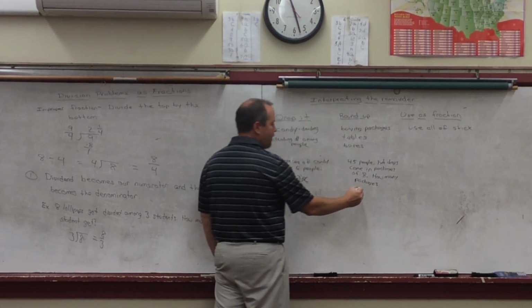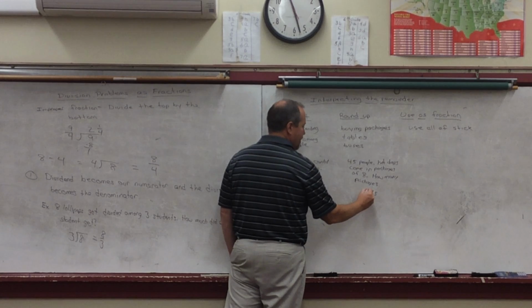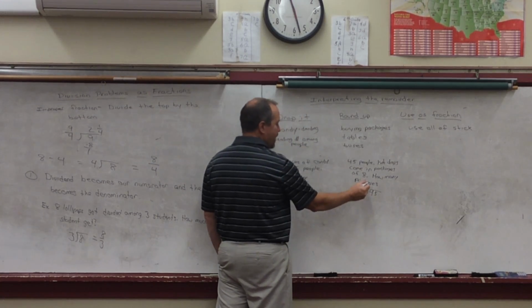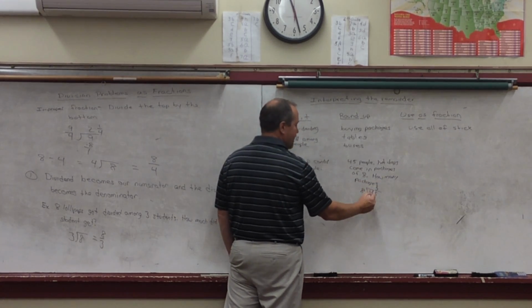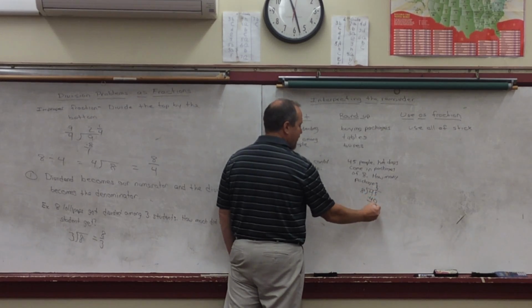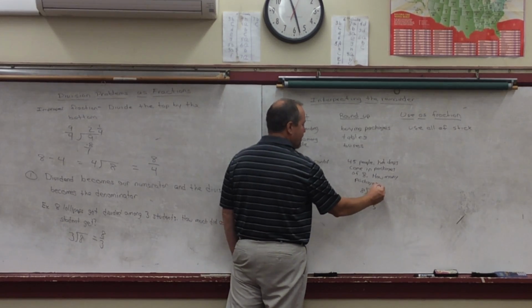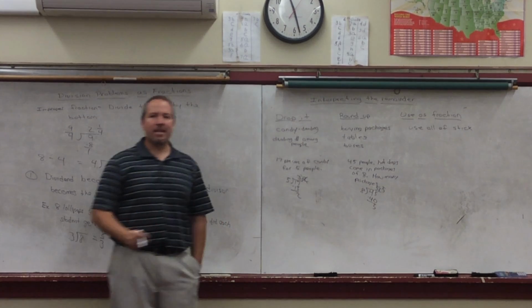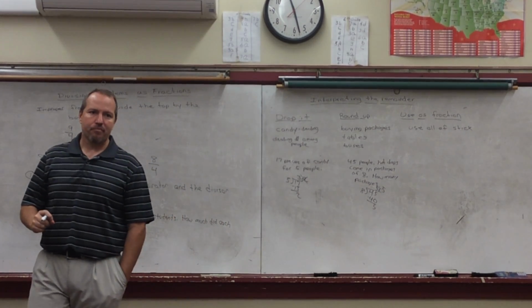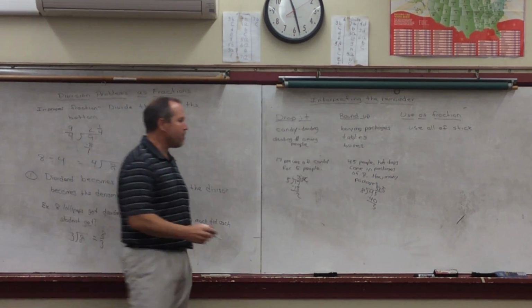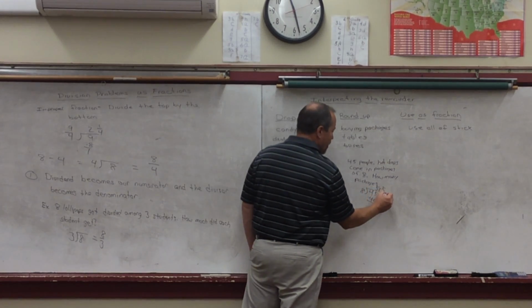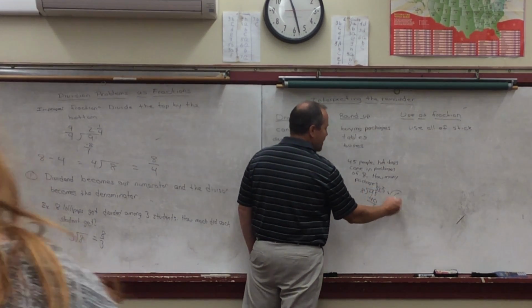So we would take the number of people, 45, and divide it by 8. 8 goes into 45 5 times. 5 times 8 is 40. Subtract, I have 5. So I'd have 5, remainder 5. So does that mean that those 5 people don't get a hot dog? No. What does that mean? We buy another pack. So instead, we're going to get 6 packages.